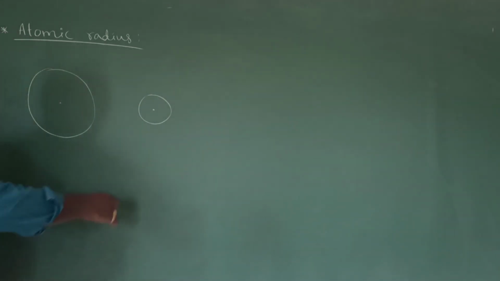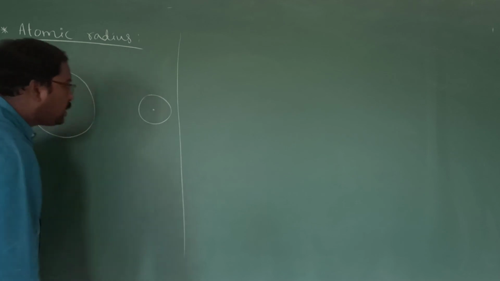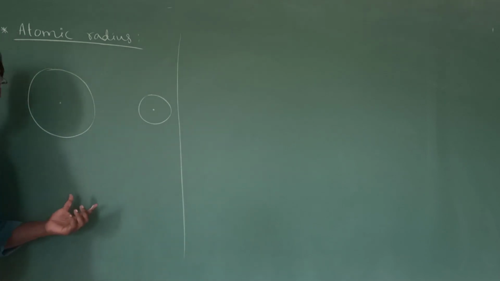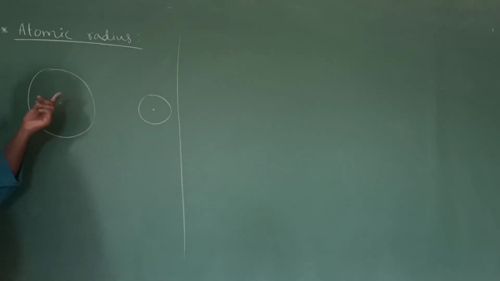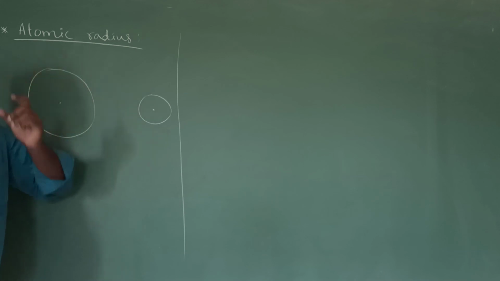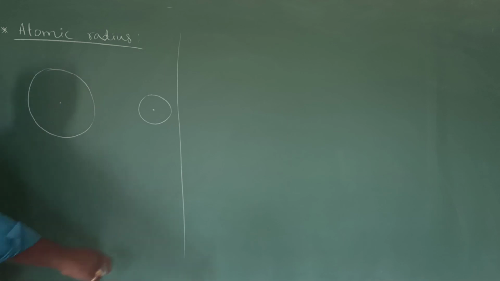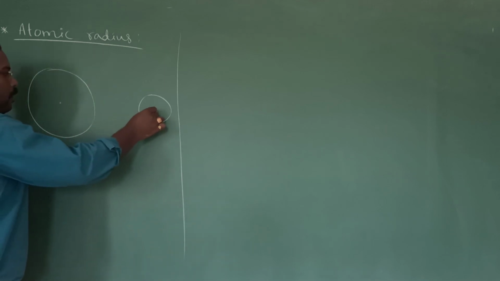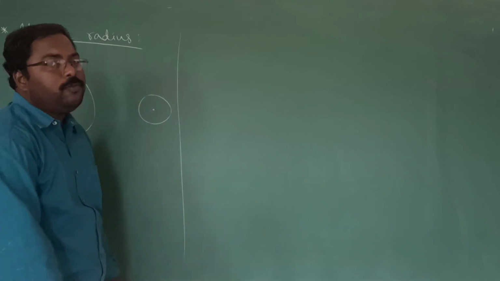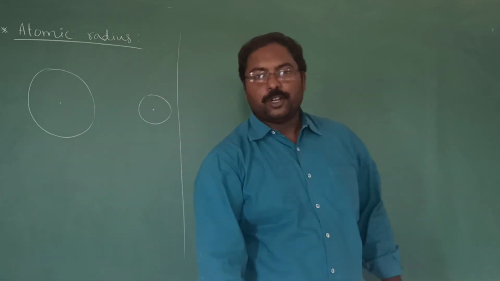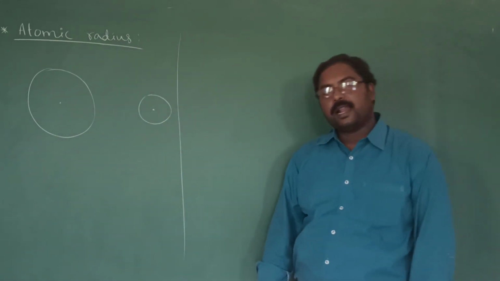Now our comparison is between the ionization energies of the large atom and the small atom. When it will be easy to remove the electron, when it will be difficult to remove the electron, we should know. Now tell me, out of the two, in which case you feel it will be easy to remove the electron? The smaller one or larger one?